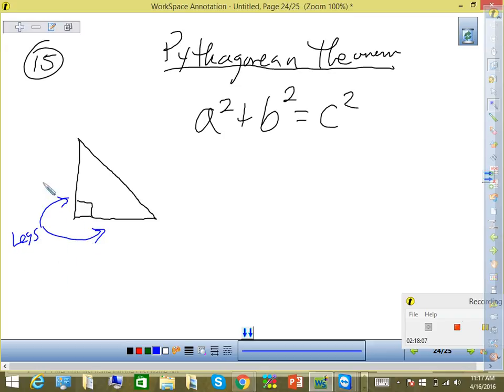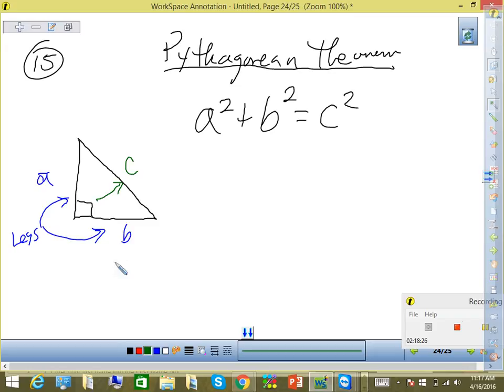One of them is A and the other one is B, or vice versa. You can switch them around. This one will always be C. Does everybody see that? And that's always across from the 90-degree angle.